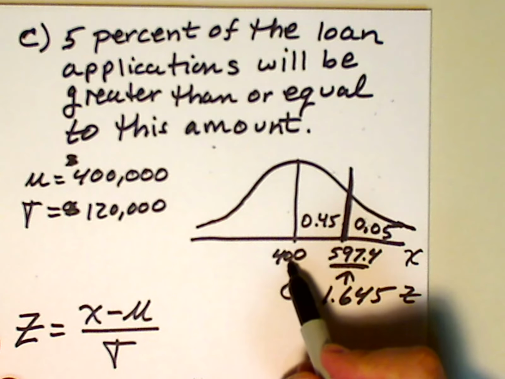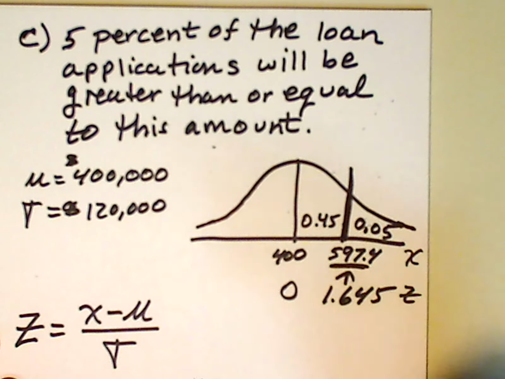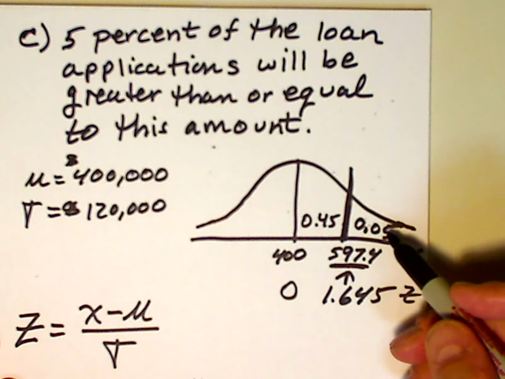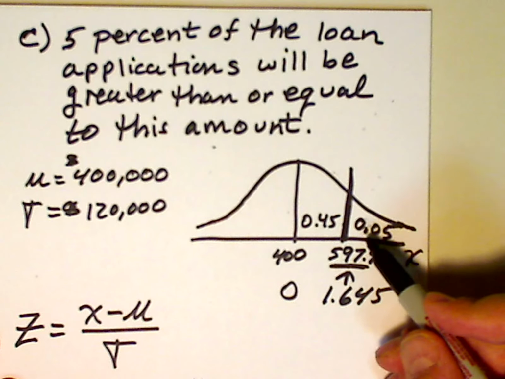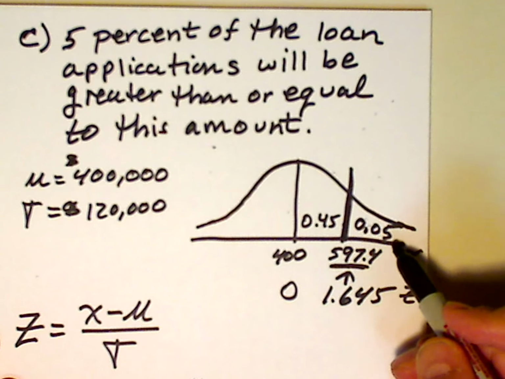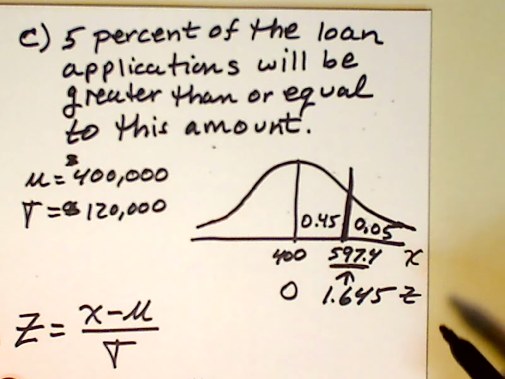We know that $400,000 is the mean. We know that $120,000 is the standard deviation. We know, therefore, that 0.05 is the area of the tail. And remember, in probability and statistics, we associate area with probability or likelihood.